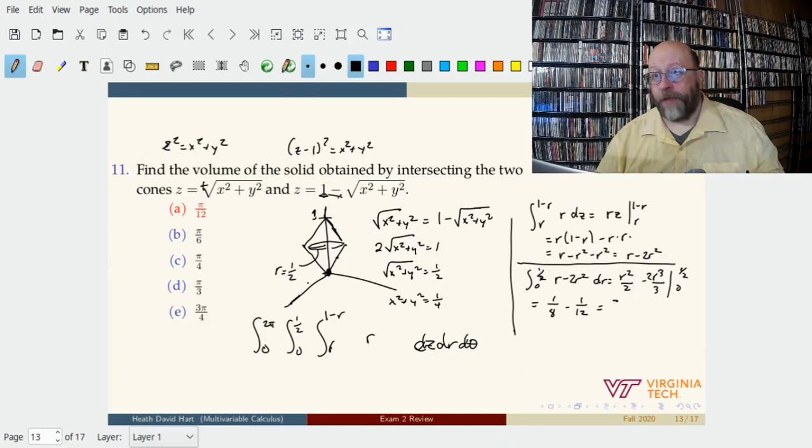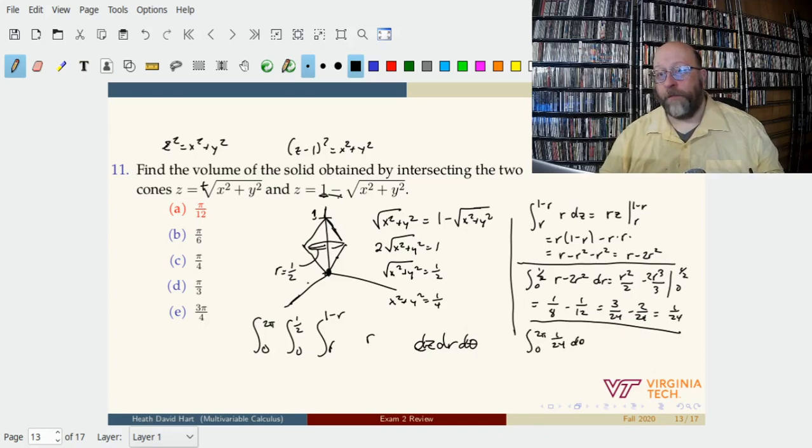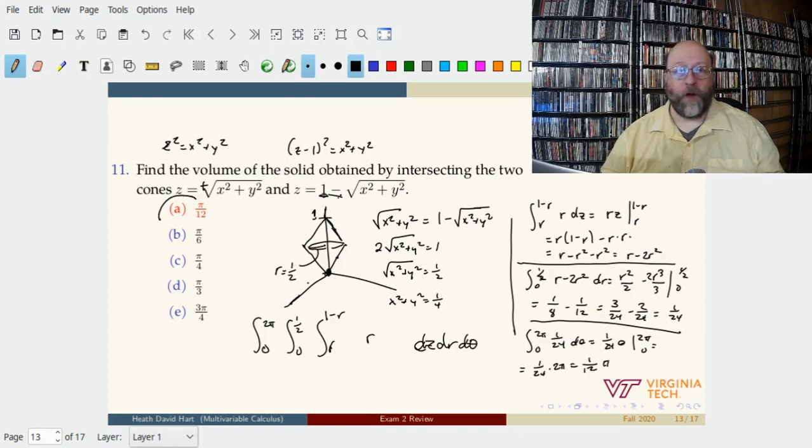That's the same thing as 3 over 24 minus 2 over 24, which is 1 over 24. Then we have to do the last integral from 0 to 2 pi of just 1 over 24. That's 1 over 24 theta, evaluated at 2 pi and 0. So we get 1 over 24 times 2 pi, and the 2 and the 24 reduce to 1 over 12 times pi, which is pi over 12.